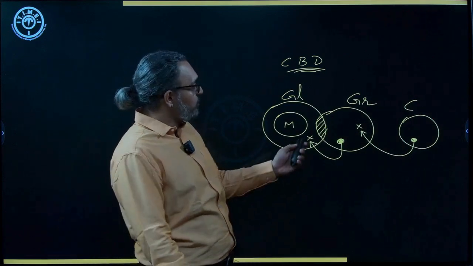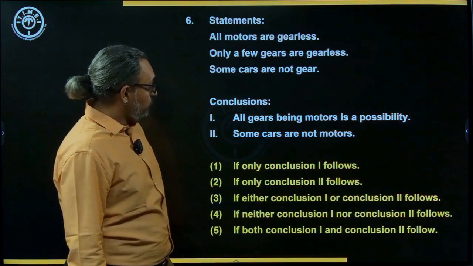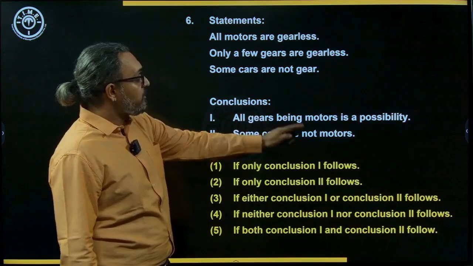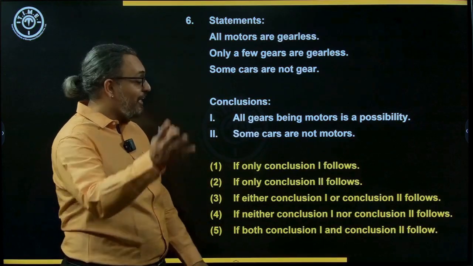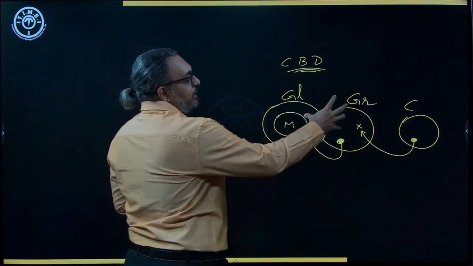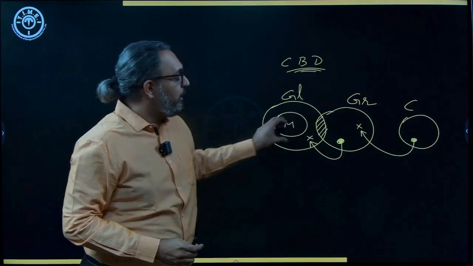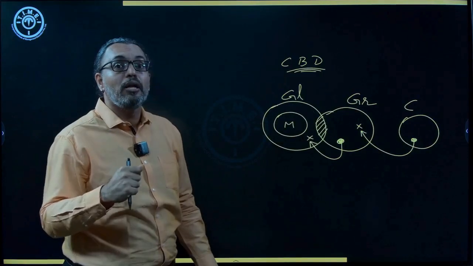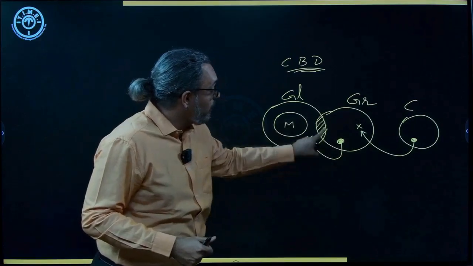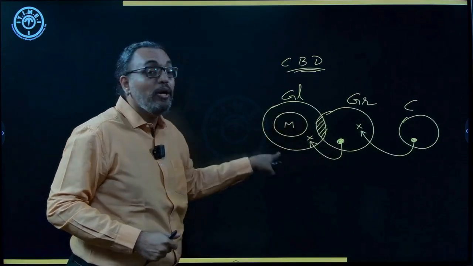Correct? So now based on this, let us see what are the conclusions we have. Right. Now look at this. One is a possibility. All gears being motors is a possibility. Can I take the complete GR inside M? All gears being motors. Is it allowed? No, it is not allowed. Why? Because if I take the complete GR inside M, then the shaded portion is also going inside GL.